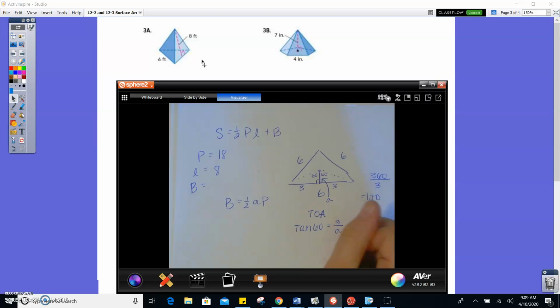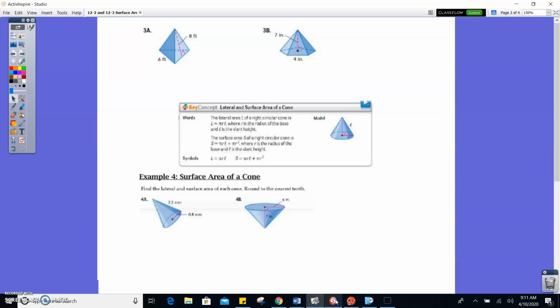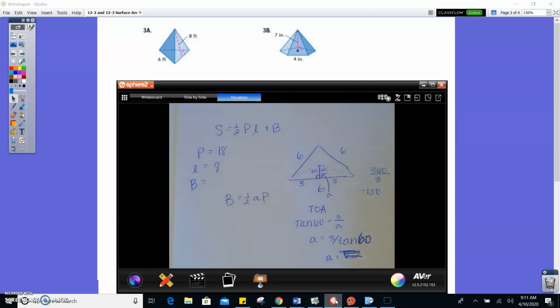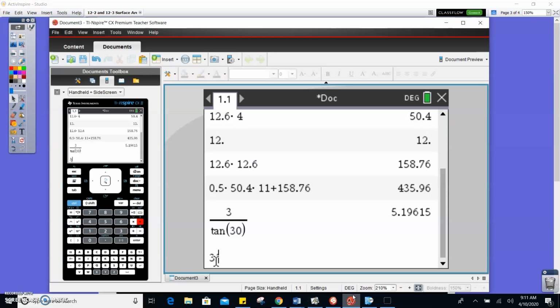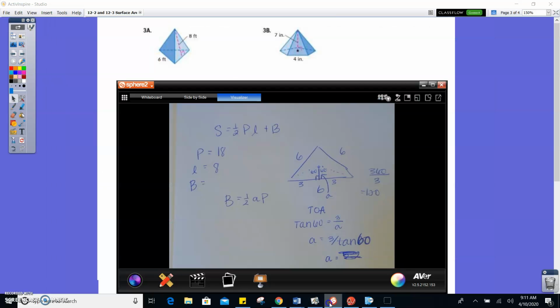To find A, A would equal 3 divided by the tangent of 60, which we're going to go into our calculator. Do 3 divided by tangent of 60, which gives us a value of our apothem is 1.73.